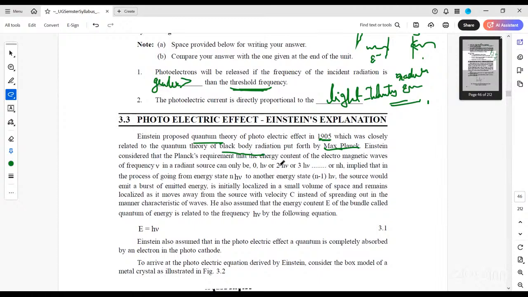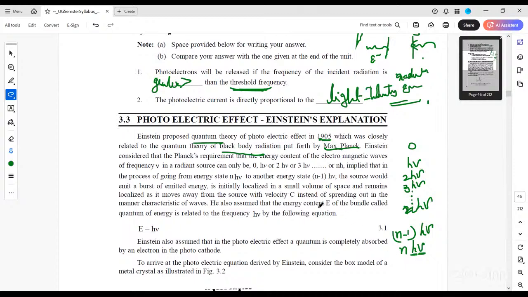Here we are taking different radiation sources. The first radiation source is 0. The next is h nu. The next source is 2h nu, then 3h nu. Like this, the different radiations are n times h nu. The last energy state is n h nu, and before that is n minus 1 times h nu, where c is the velocity of light, nu is the frequency, and h is Planck's constant.